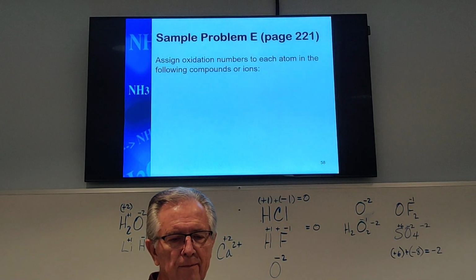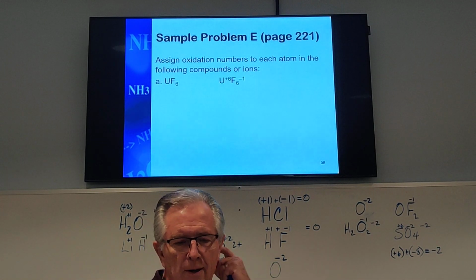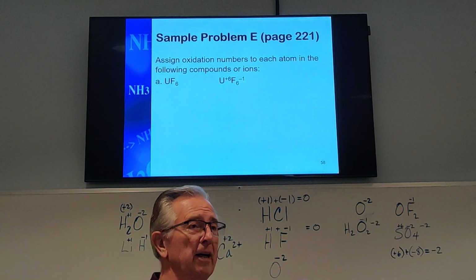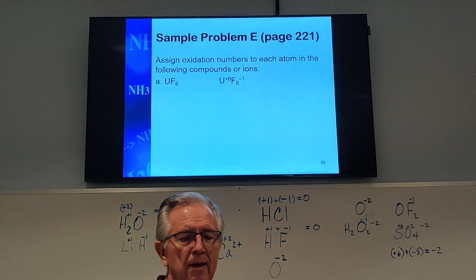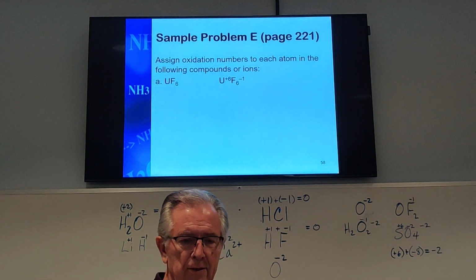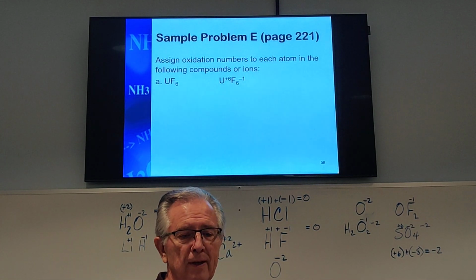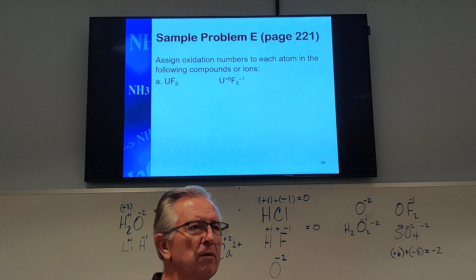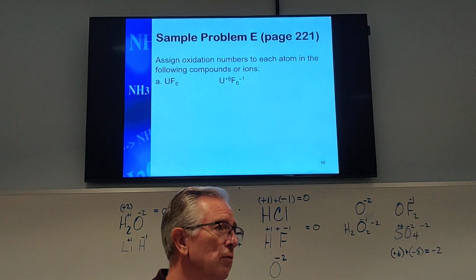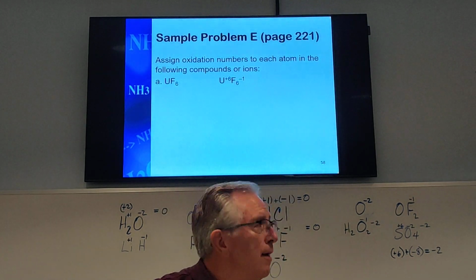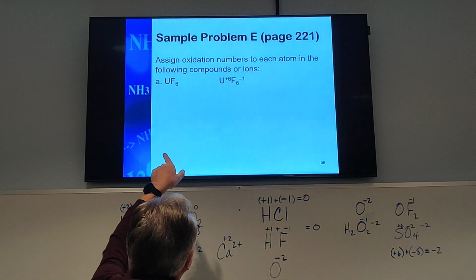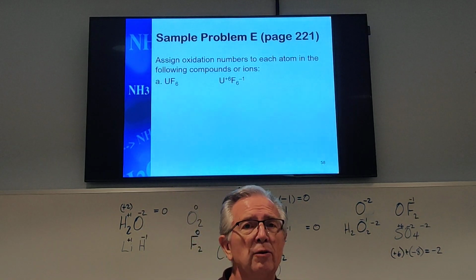So let's do a little bit of practice here. First of all, we have UF6. So let's look at the rules. They say it's +6 and -1, but why would that be true? Which one of those two, uranium or fluorine, do we have a rule for?